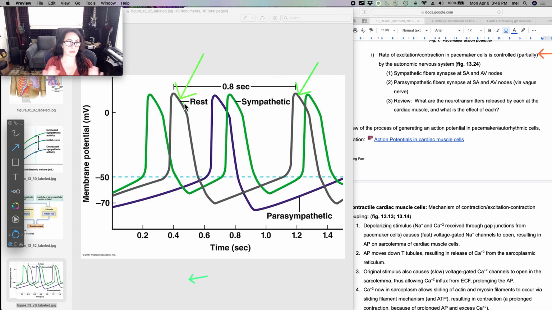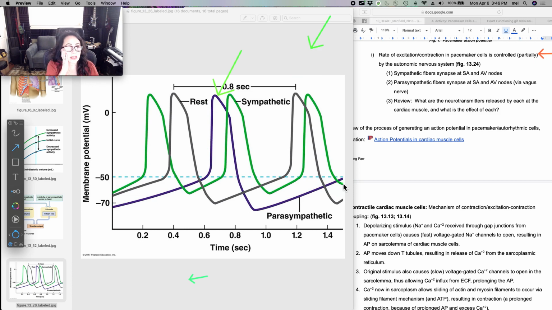That one's in gray. That's when you don't apply any nervous system activation or inhibition to it. But if I apply the parasympathetic nervous system to it, it's this blue one. Notice that with the blue one, it takes you longer to get to an action potential, and I don't even see the next action potential in this one.